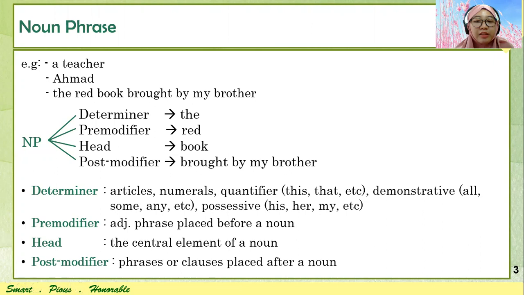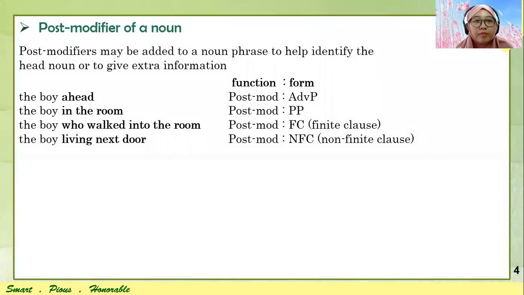Okay, so it is placed after a noun. A post modifier of a noun may be added to a noun phrase to help identify the head noun or to give extra information. So please remember that a post modifier of a noun can be in the form of a phrase or a clause.